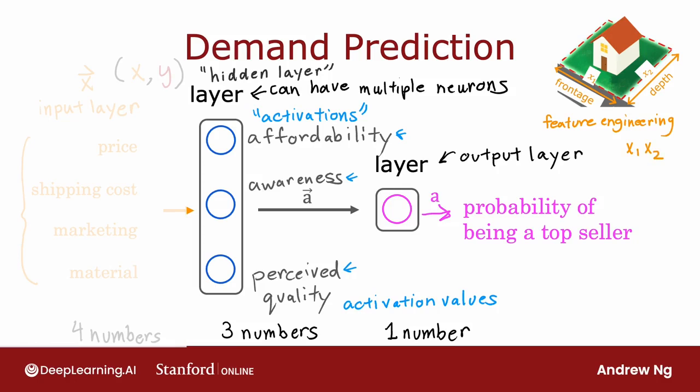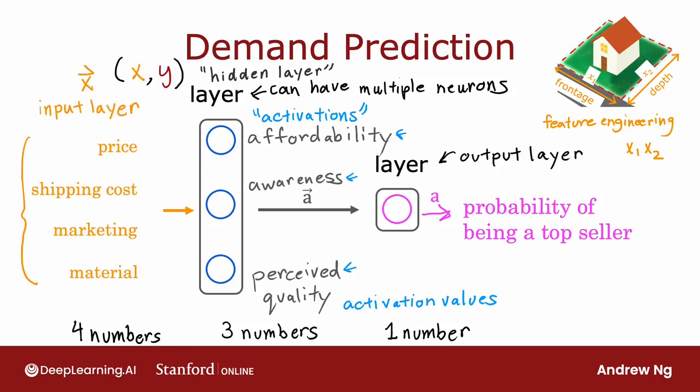So there we were doing manual feature engineering where we had to look at the features x1 and x2 and decide by hand how to combine them together to come up with better features. What a neural network does is instead of you needing to manually engineer the features, it can learn, as you see later, its own features to make the learning problem easier for itself. So this is what makes neural networks one of the most powerful learning algorithms in the world today.